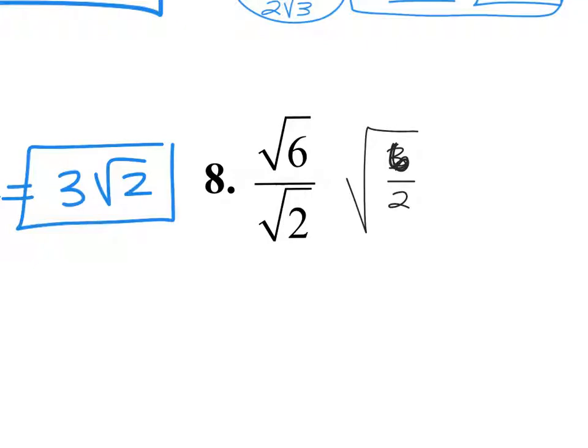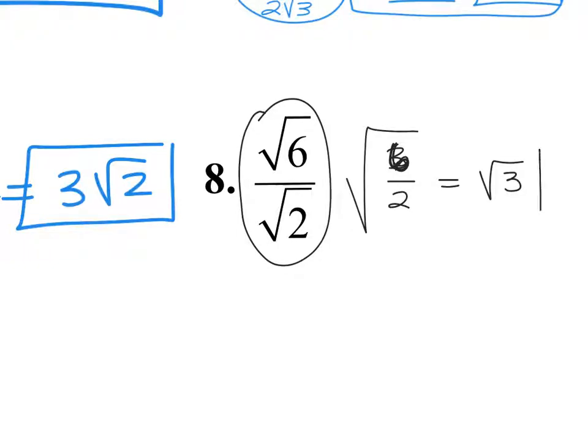Sorry, I'm doing math in my head. What is 6 over 2? 3. So you're allowed to divide these if they're both radicals. If they're not both radicals, you can't divide them. But if they're both radicals, like they are here, we can divide. 6 divided by 2 is 3. Okay, so the square root of 6 divided by the square root of 2 is the square root of 3. And now you no longer have a denominator that's a radical, so you're done.